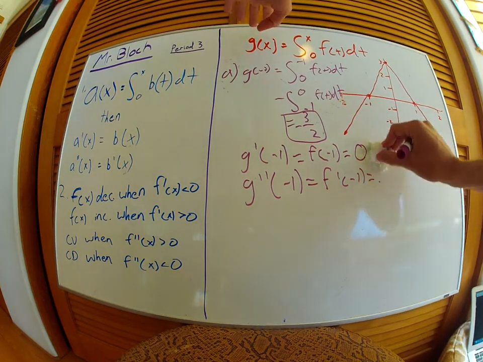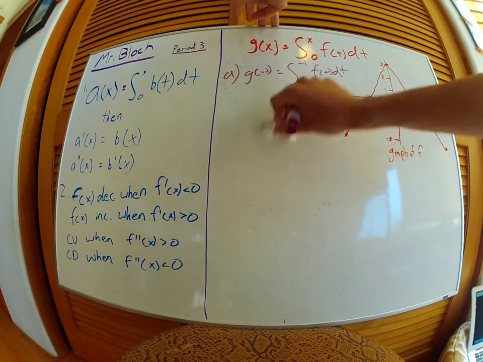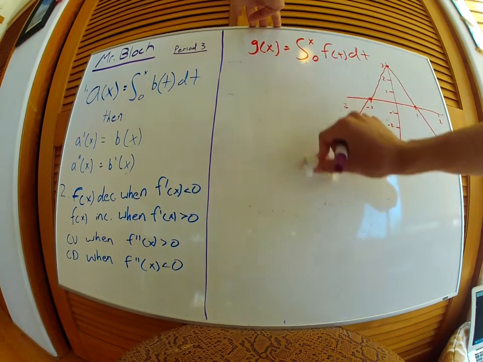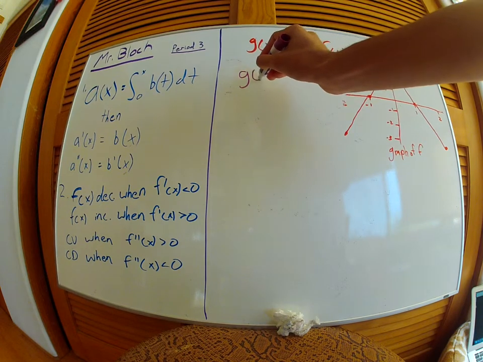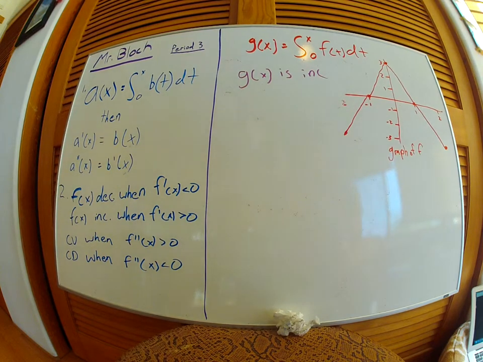Okay, so I'm going to erase to make a little more space, but we're going to be moving on to B. B is asking us, for what values of x in the open interval negative 2 to 2 is g increasing? Explain your reasoning. So, g is increasing when f of x is greater than 0.